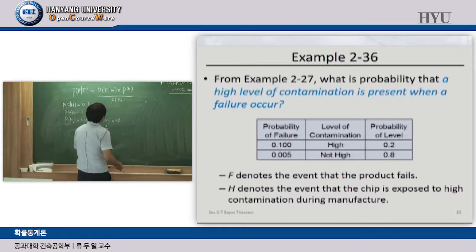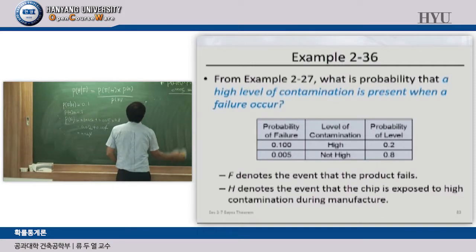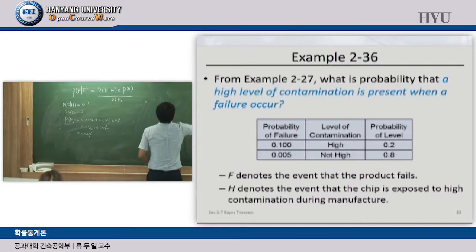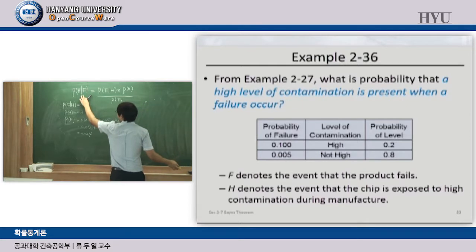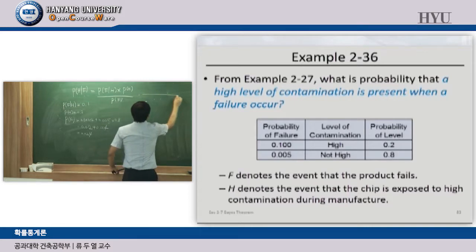So the conditional probability of high level of contamination given failure equals 0.1 multiplied by 0.2 divided by 0.024.